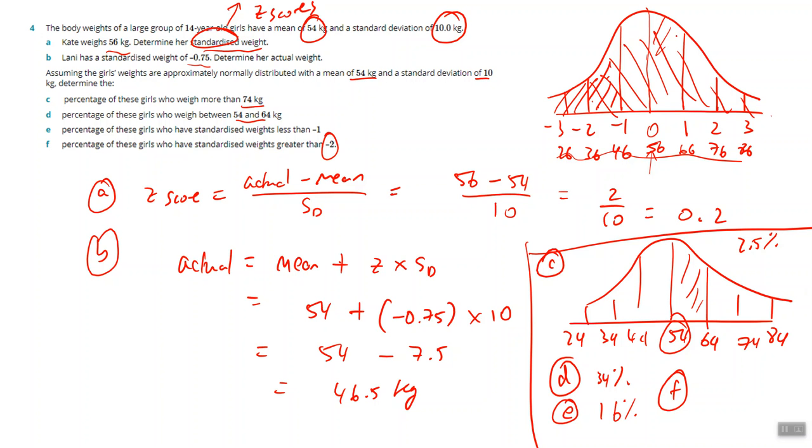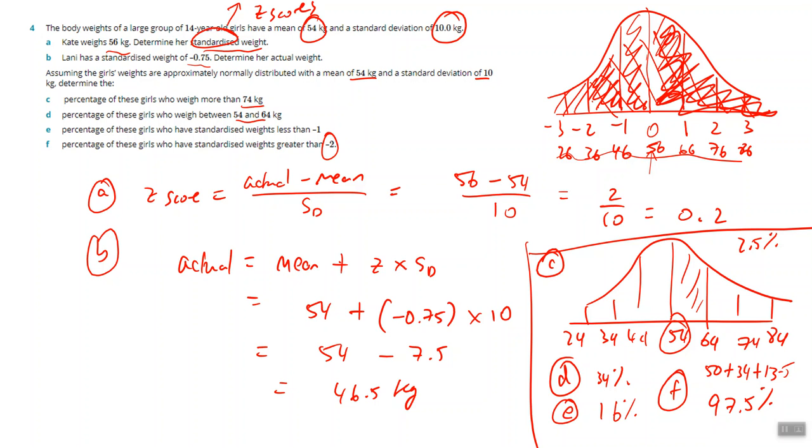Well, I know this is 50%, so this is 50%. I need to add 34% to that, so that's 84%. 84% plus 13.5. So F, we've got 50 plus 34 plus 13.5. Okay, so that's 84, 97.5%.